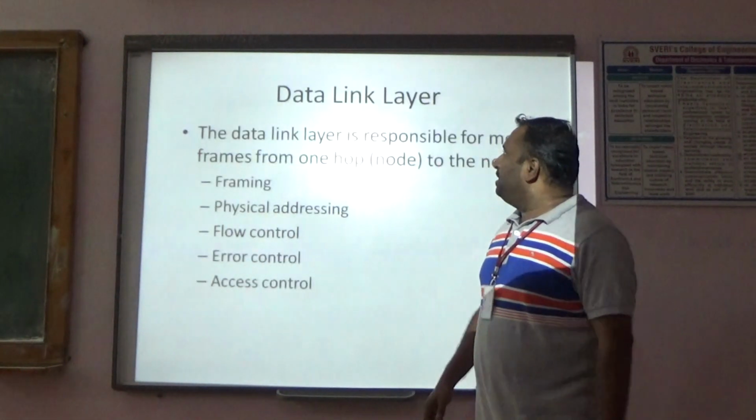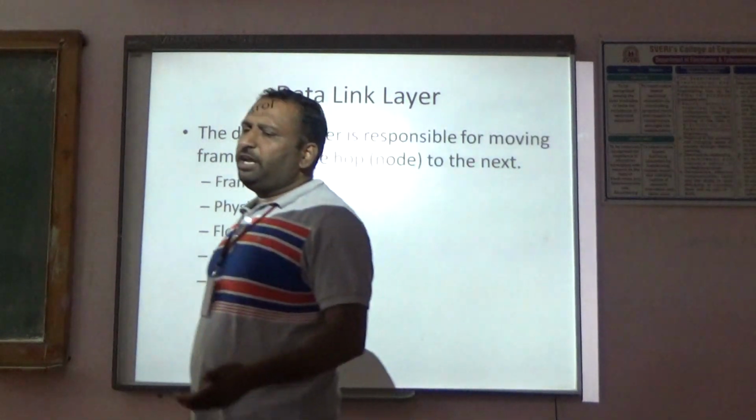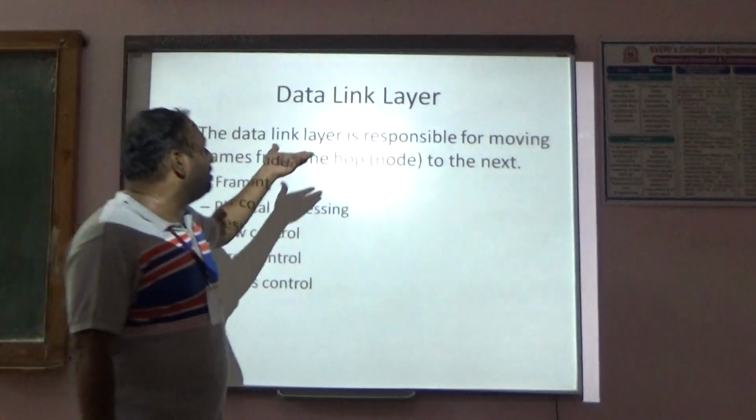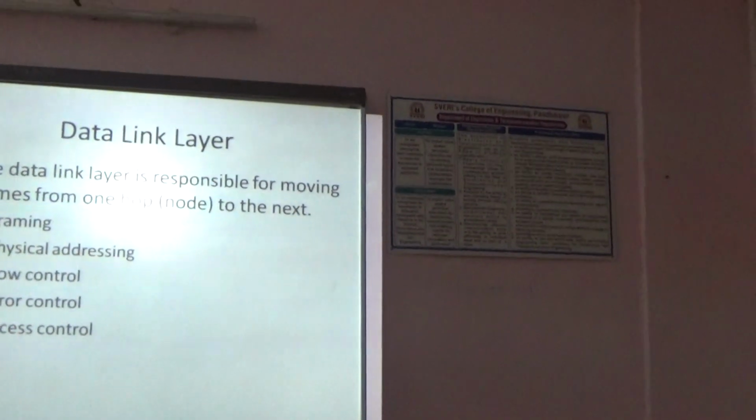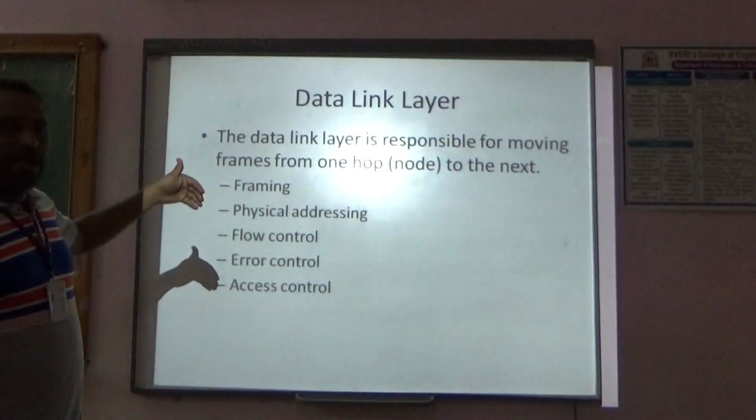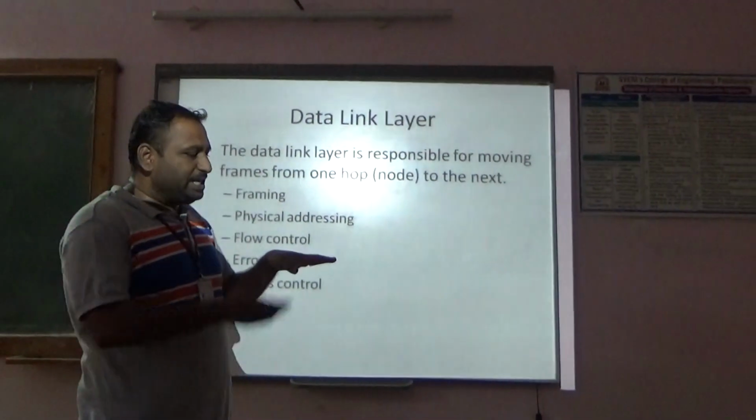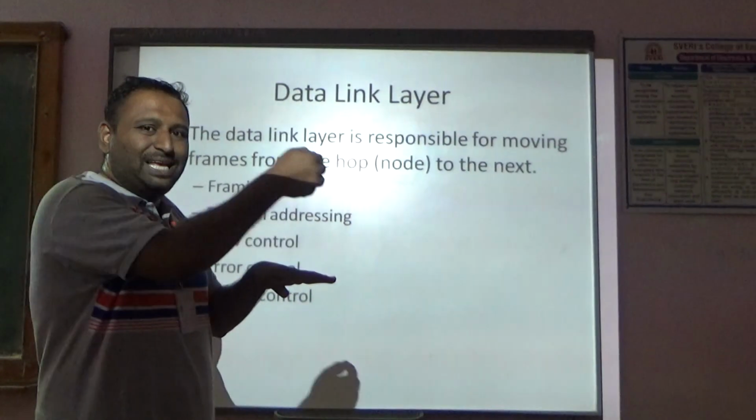Next. Then immediately the layer above the physical layer is our data link layer. So what does the data link layer do? At the physical layer, the data is available in the form of a bit stream of zeros and ones.